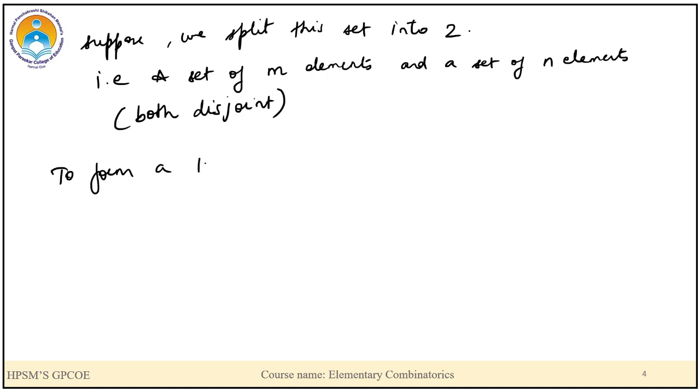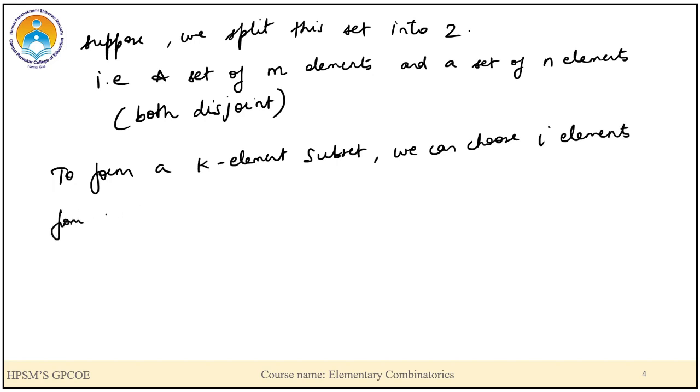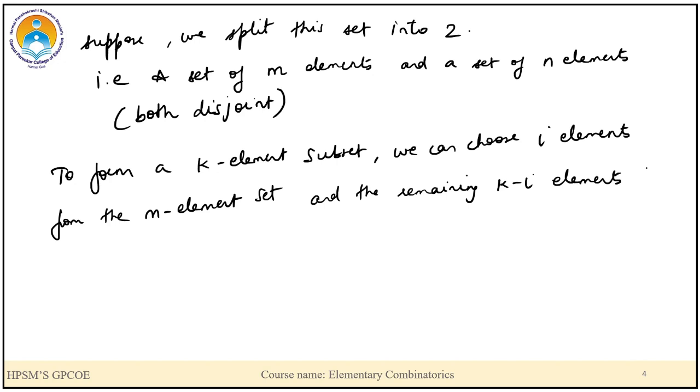To form a k element subset, we can choose i elements from the m element set, and the remaining k minus i elements from the n element set.